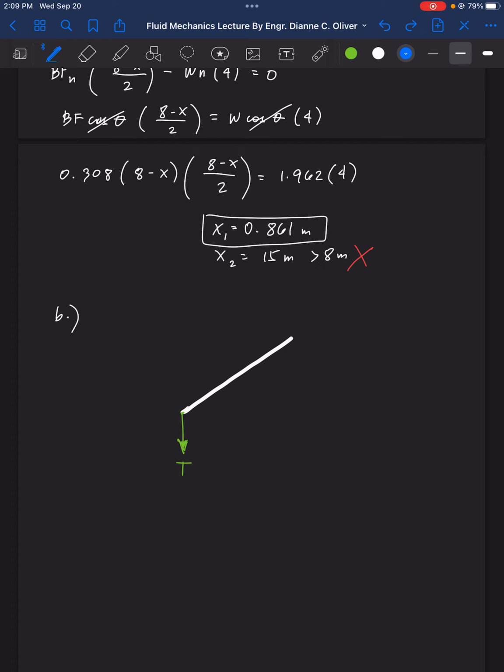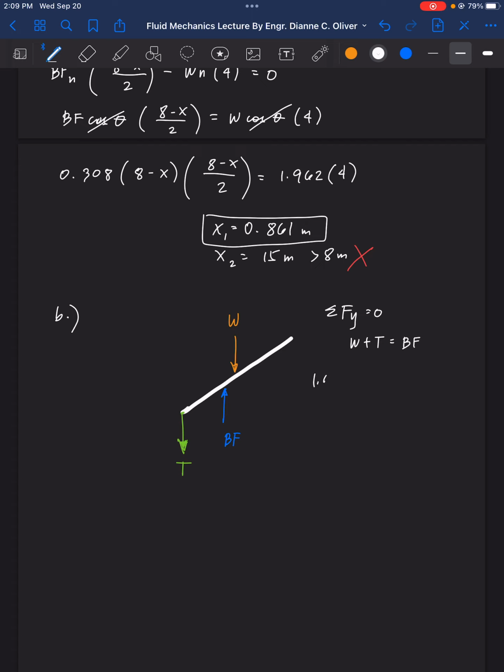This is our buoyant force, and then we have the weight, W. So from here, you can have the summation of vertical forces equal to 0. W plus T is equal to the buoyant force.